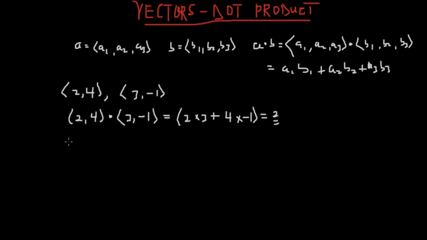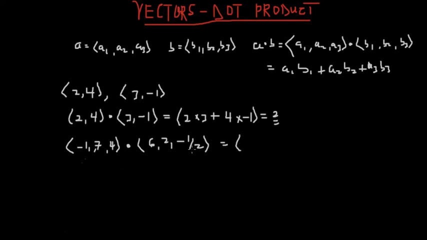In case you've been given another example, let's say we have minus 1, 7, 4, and then another vector 6, 2, and then minus 1 and 2. This is how you solve for it.